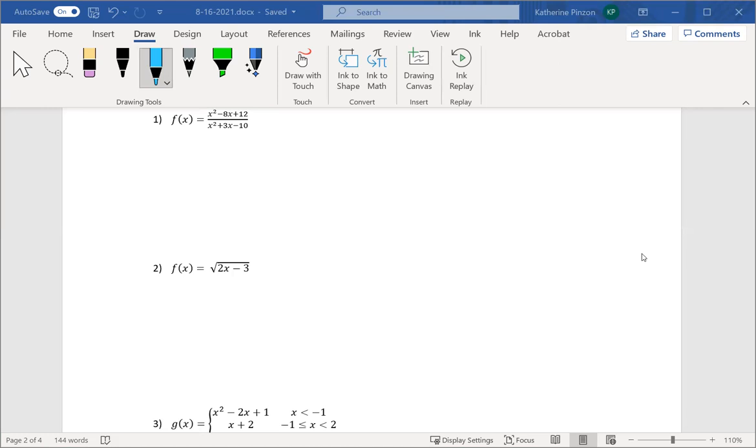How do I find the 2? How did I know it was at 2? Yeah, look for where the denominator is 0, right? So I have to find out where this denominator is 0. Okay, let's see if I can put this picture in our notes.